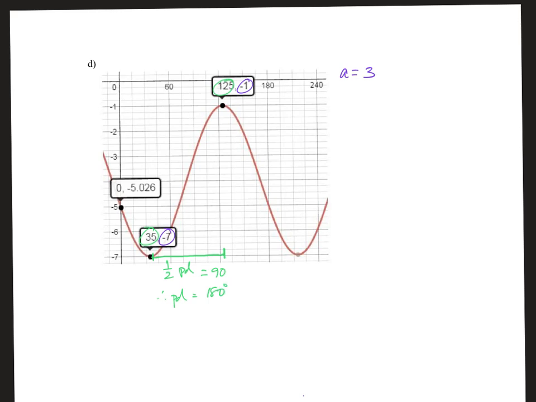And that period is half my normal period, which means I need a horizontal stretch by a factor of a half. I need a k value of 2. Okay, the only big thing for us to then figure out is let's work our way to the middle. So if I was to go up 3 units from the bottom or go down 3 units from the top, then I'm going to arrive at my middle of -4.